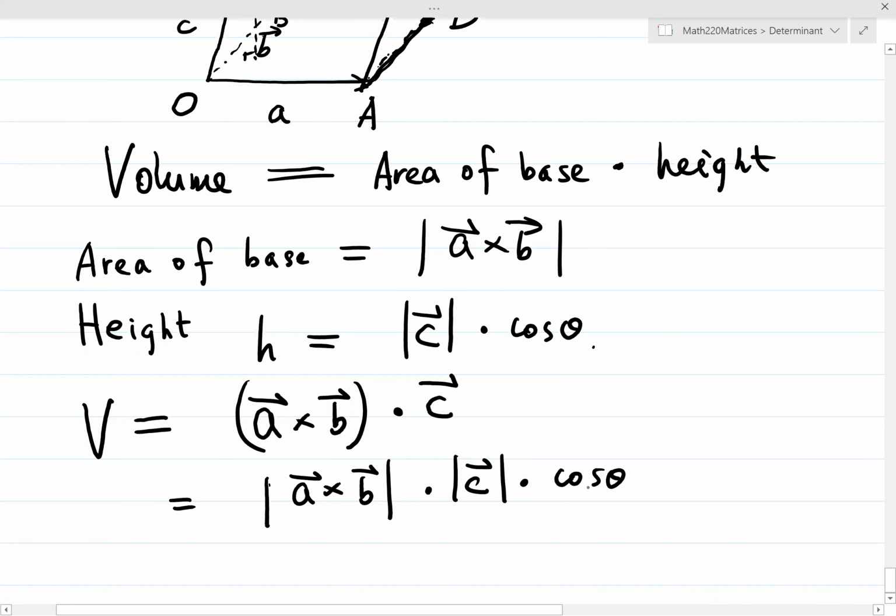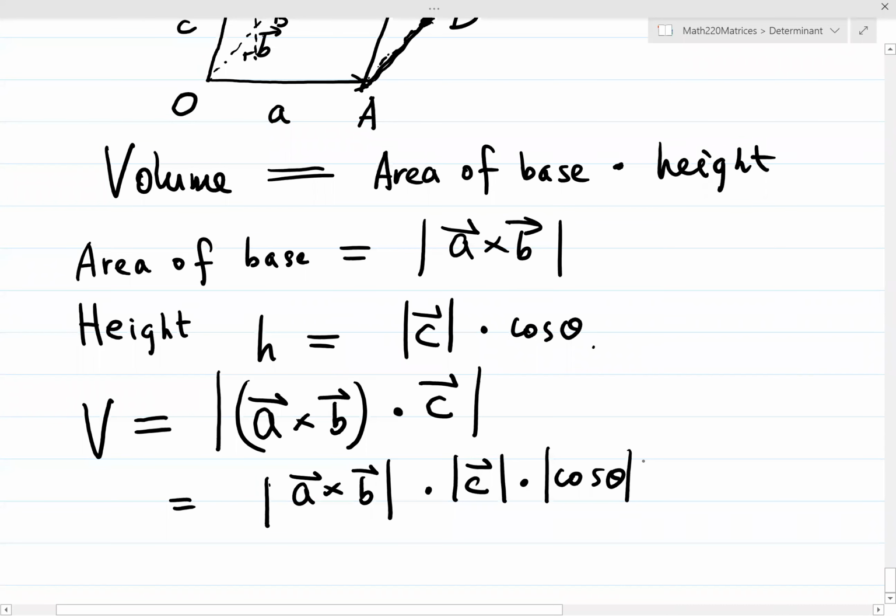The only ambiguity lies in the fact that we may get a negative value, in case cosine theta is negative. So to remove the negative ambiguity, we take the absolute value.